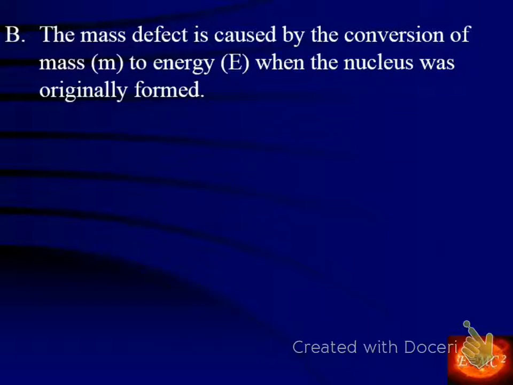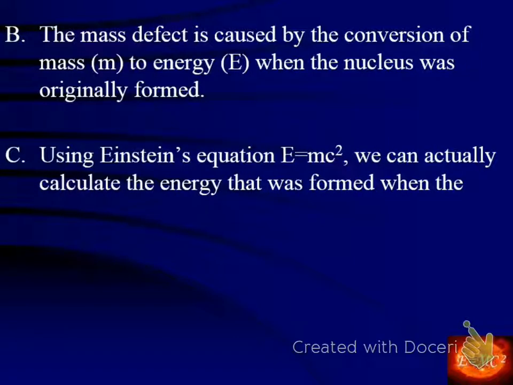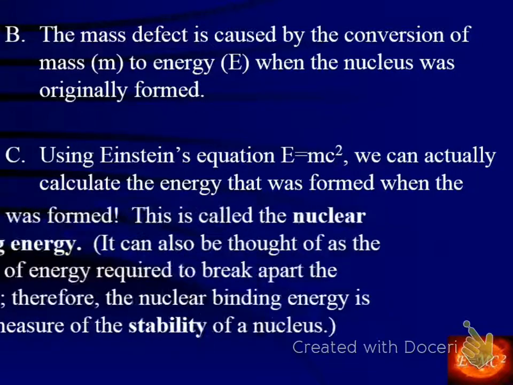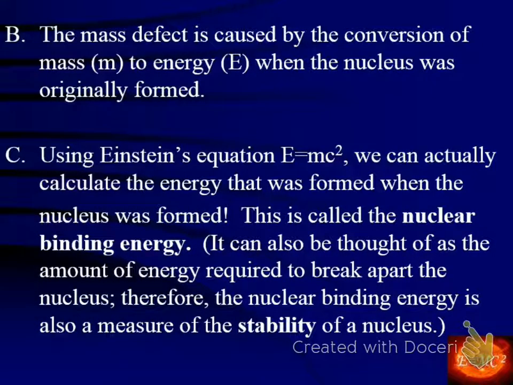How it was originally formed, I will leave that theory up to you. Using Einstein's equation, E equals mc squared, which is famous, we can actually calculate the energy that was released when the nucleus was formed. This is called its nuclear binding energy, which is one of your definitions.